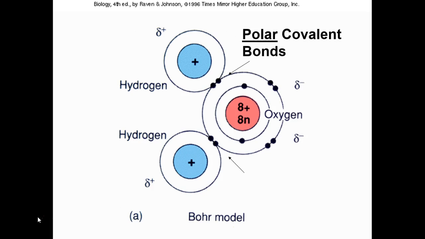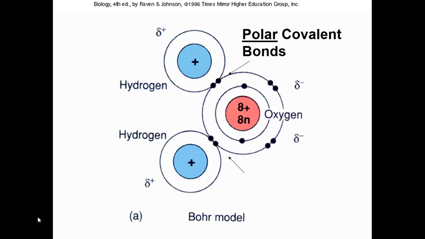What happens with water is that since oxygen has a much higher electronegativity, the electrons spend more time orbiting oxygen than they do hydrogen. It's not equally shared. Those electrons are unequally shared.